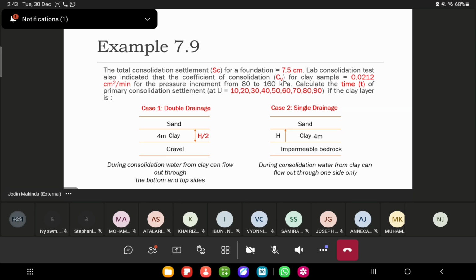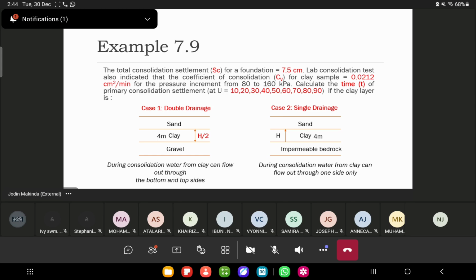This is for clay soil where the top layer is sand and the bottom layer is impermeable bedrock. When construction is happening with single drainage, the water from the clay will also flow out, but only in one direction, which is to the sand, because sand is permeable.